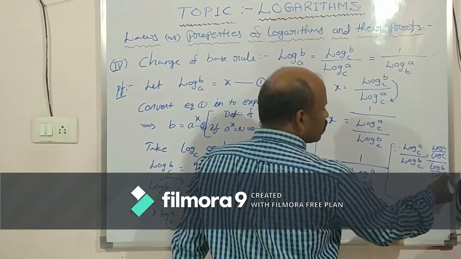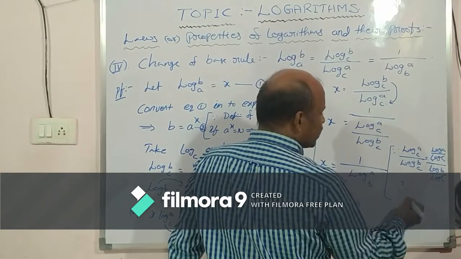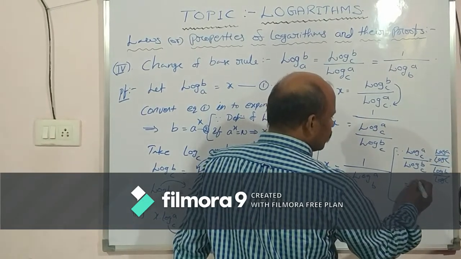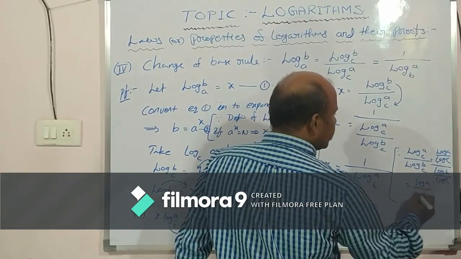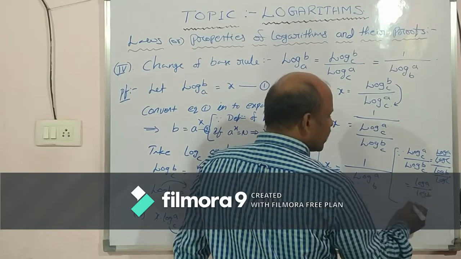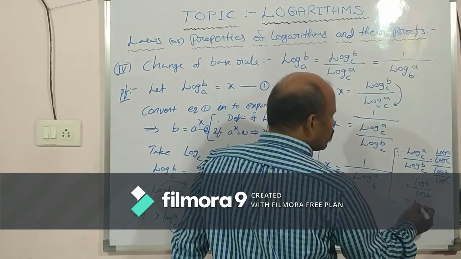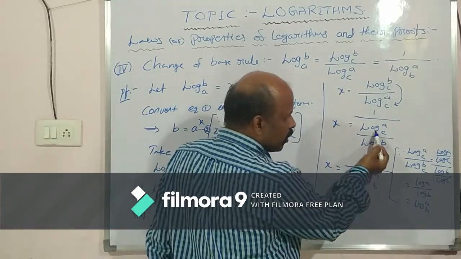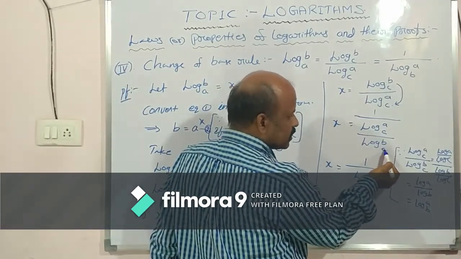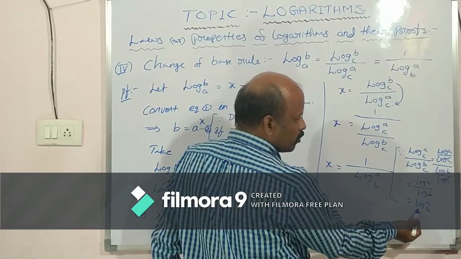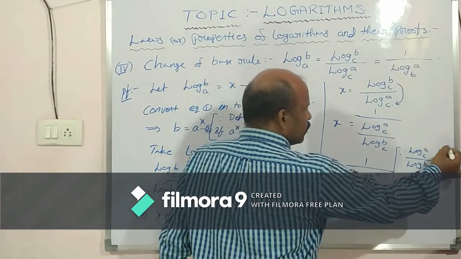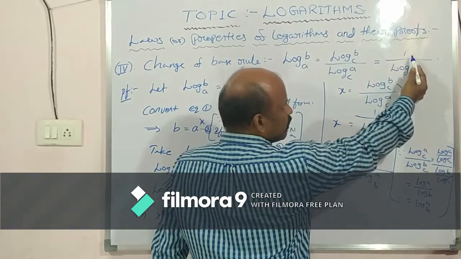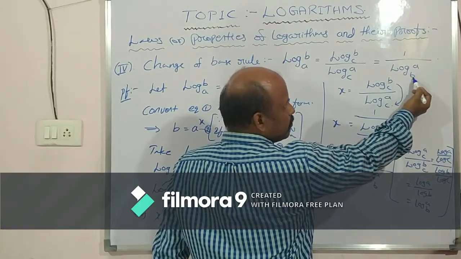So here log c gets cancelled. We can write it as log a by log b. This again we can write as log a base b. So instead of log a base c by log b base c, we can write log a base b. So we proved 1 by log a base b.